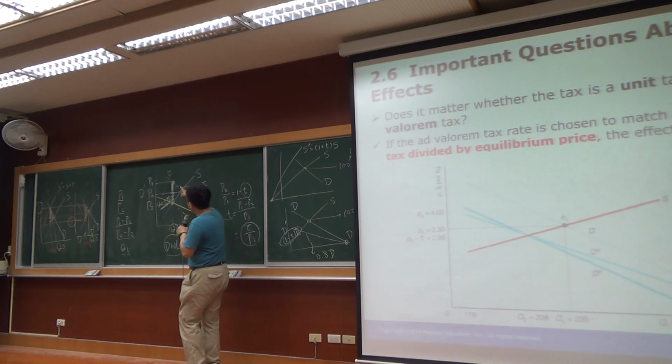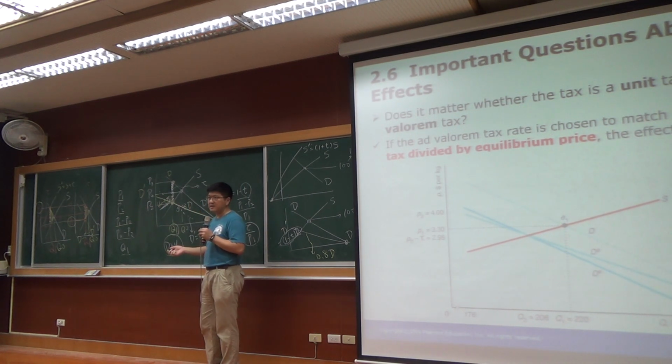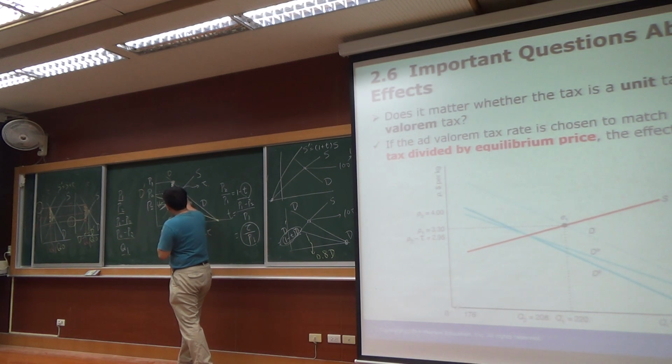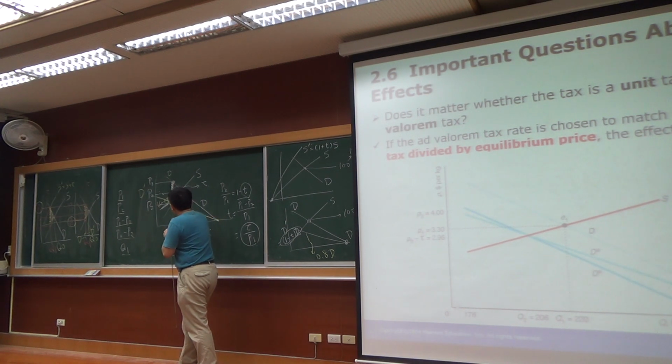So if you have a 1D and you say it is a 0.8D, which means T equals 20%. If it is 0.9D, then the tax rate would be 10%. If the tax rate goes up to 25%, then this would be 0.75D.